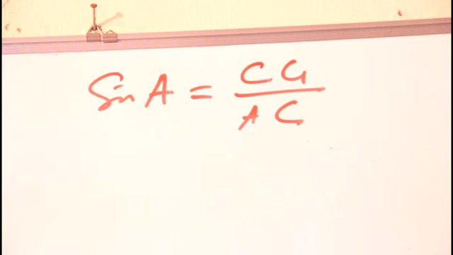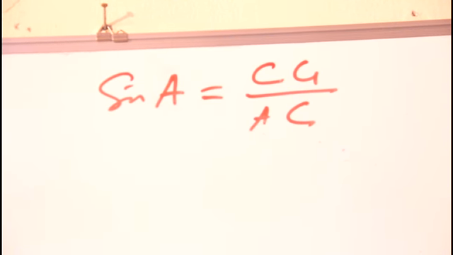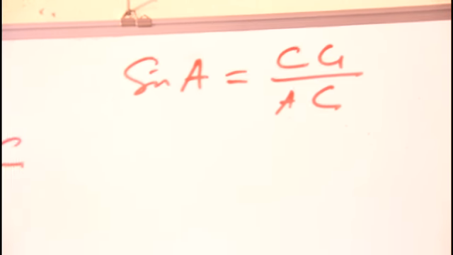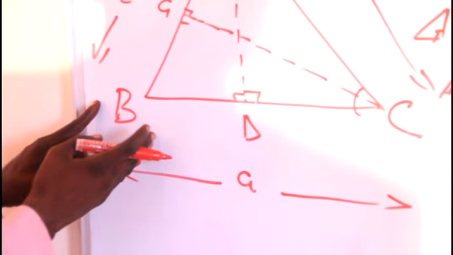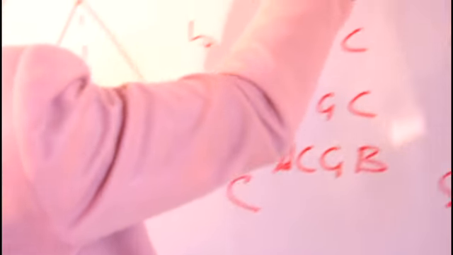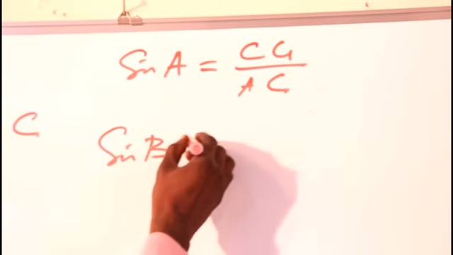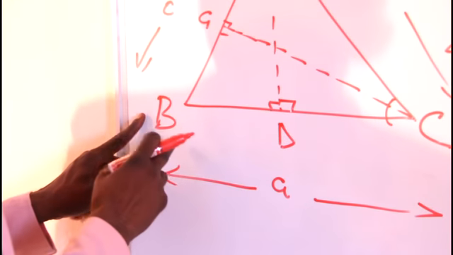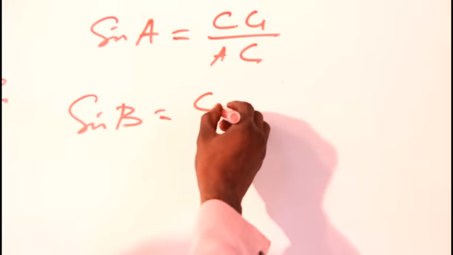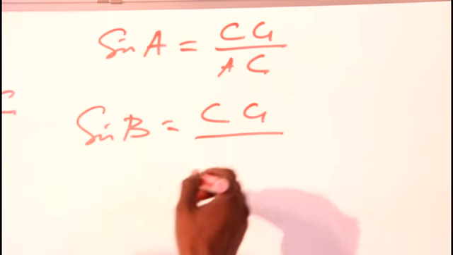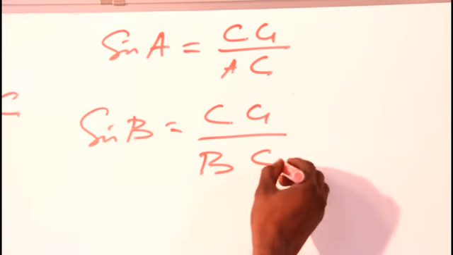Then if you take the sine of this angle, sine B will be equal to CG over BC.